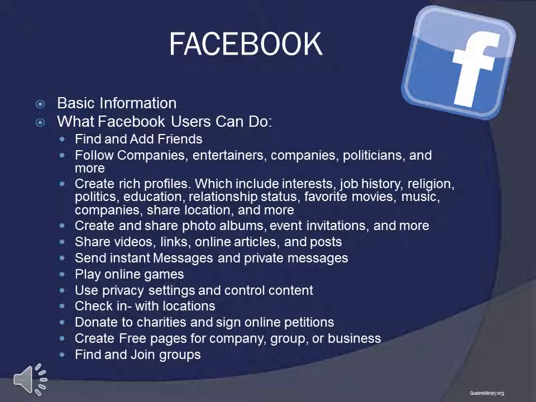And this all came from It's a Social World, the ComScore. So we can see that Facebook, even since 2011, and we're in 2015 now, has just exploded. So what can Facebook users do?